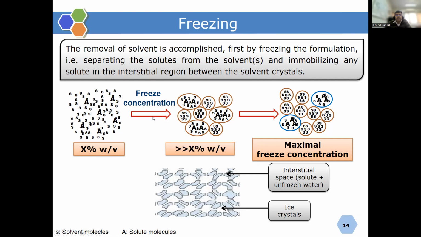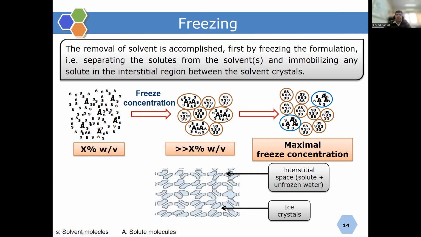When we initially freeze, a phenomenon takes place that is called freeze concentration. In freeze concentration, some of the solvent is removed from the solution by formation of ice, and the remaining solute hence interacts with a lesser quantity of solvent to make a concentrated solution, where the X% w/v, which was initially the concentration, is now present in a much higher concentration than X%.